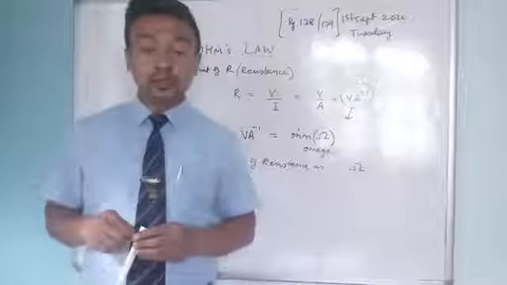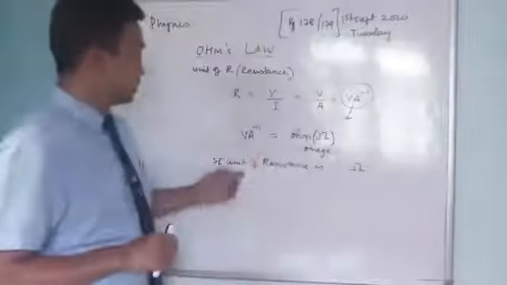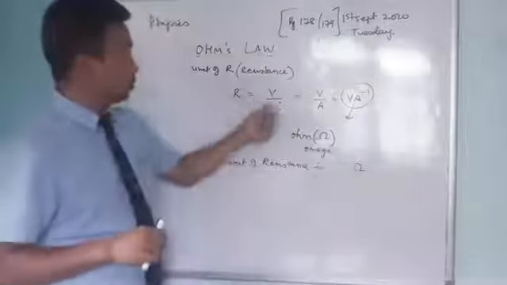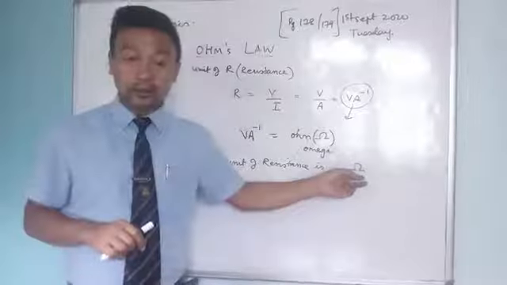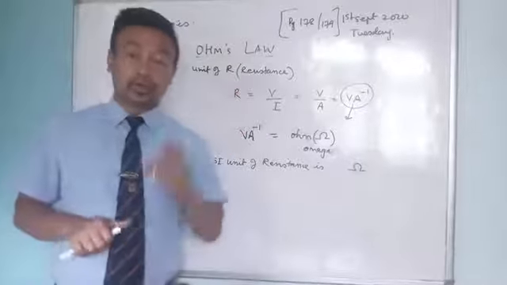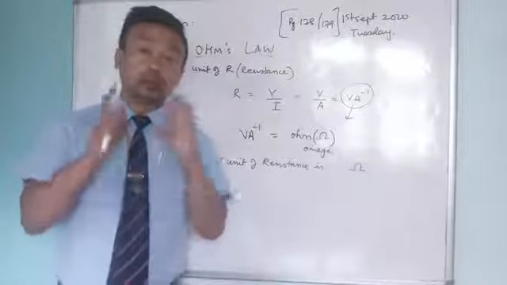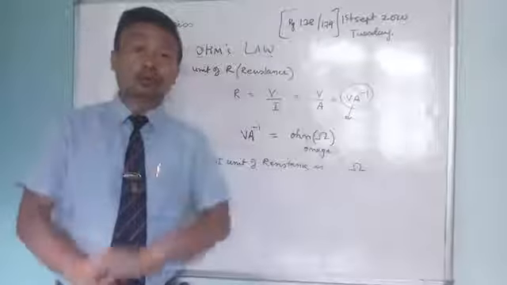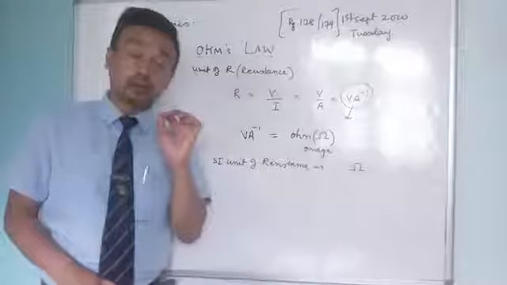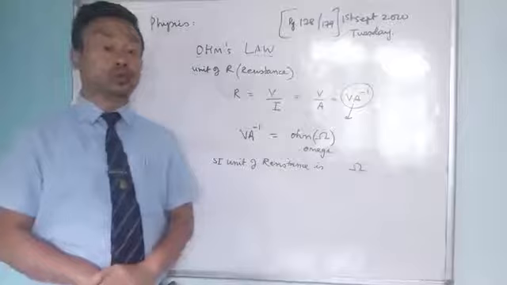So how do we define the Ohm? Suppose it is asked, define Ohm. So Ohm is defined as the resistance of a conductor when 1 volt of the potential difference is applied across its ends and the current of 1 ampere flows through it.